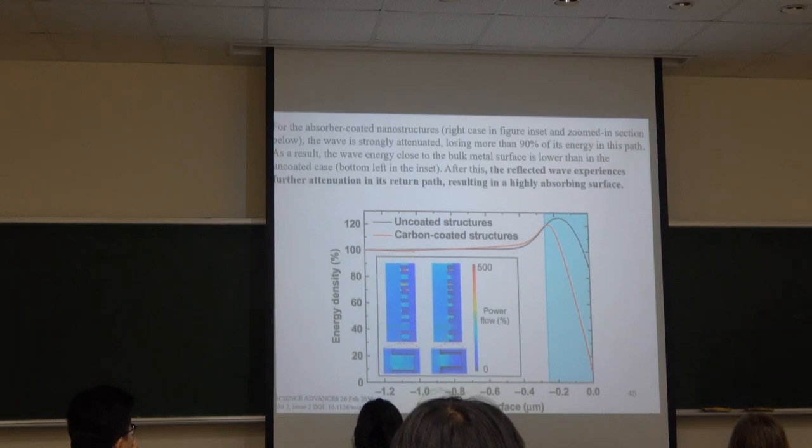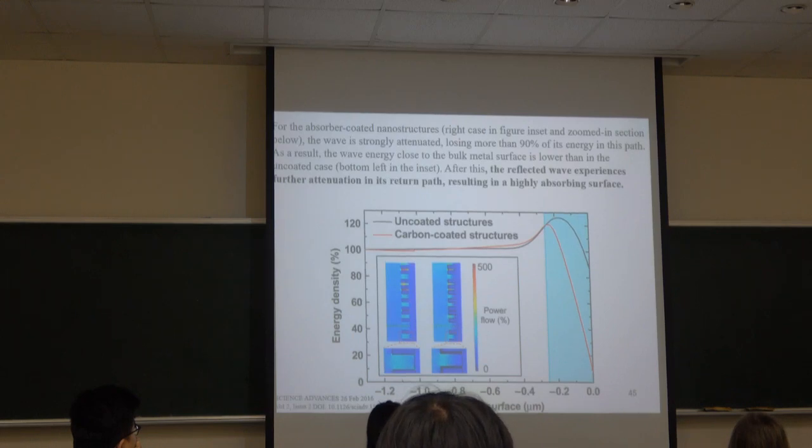So this is another case that tells us that after depositing this kind of anti-reflection layer on a tetra surface, we can increase the light absorbed on the surface.